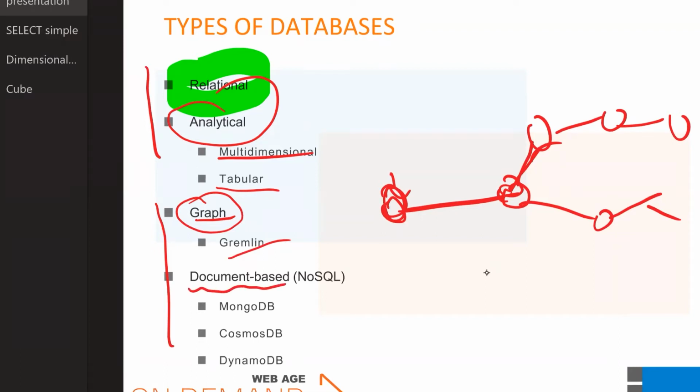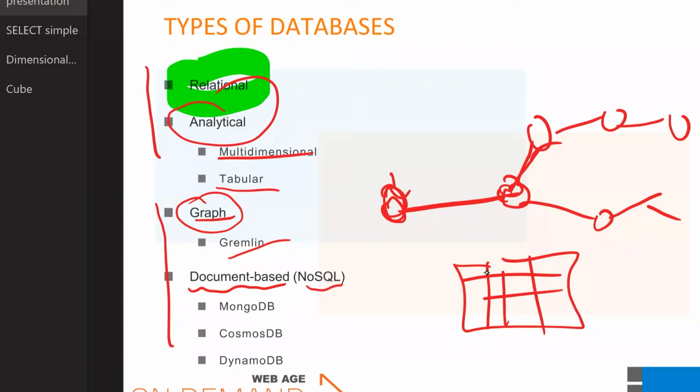So we have another type of database that's usually known as a document-based database, or very commonly known as NoSQL database. NoSQL stands for not only SQL. Not only SQL typically means you're not going to store data in relational format like the way we usually have in our typical databases.